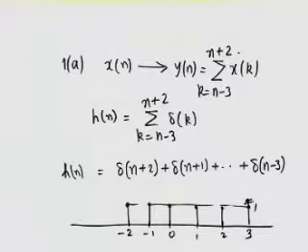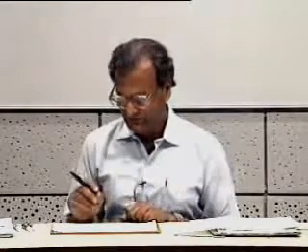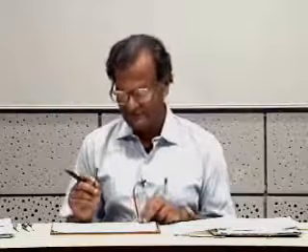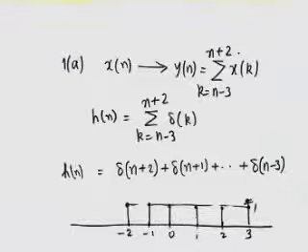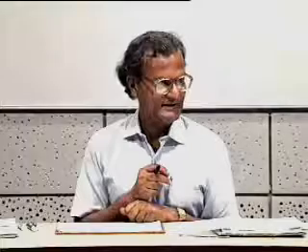Then the question: is the system causal? Many of you have answered this question. I have not deducted any marks, but many of you answered by saying h of n is not equal to 0 for n less than 0. Well, this criterion of causality applies to an LTI system. So before you prove that it is time invariant, stating this is not correct.